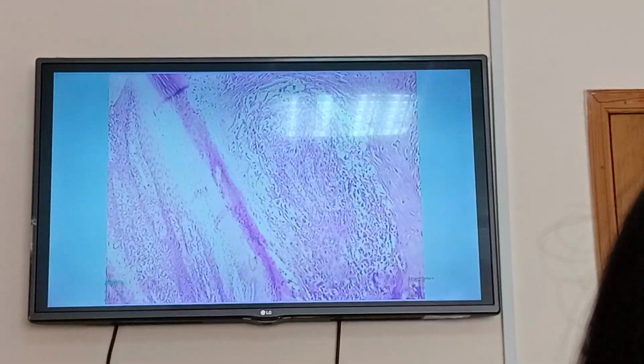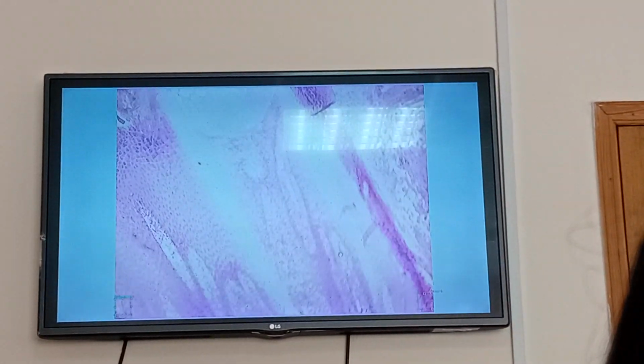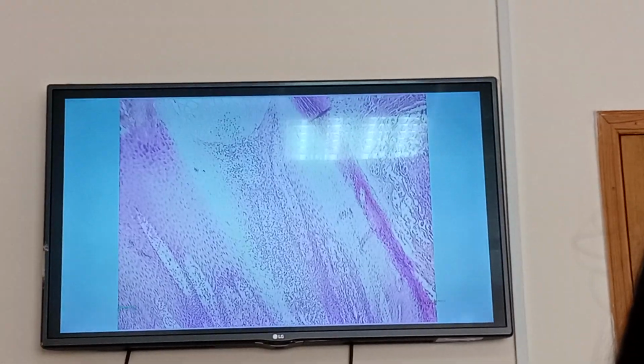Area with this structure is separated from the normal epithelium. You can find some outlines between regions with the accumulation of the cells with inclusions.